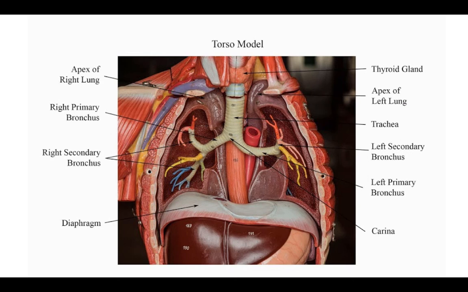Oh, on page 234, you can see the hilus on each side is going to be where the bronchial tree enters the lungs. So you can see where it's going to contain the right primary bronchus on the right side and the left primary bronchus on the left side. And then it's also going to contain two major blood vessels.